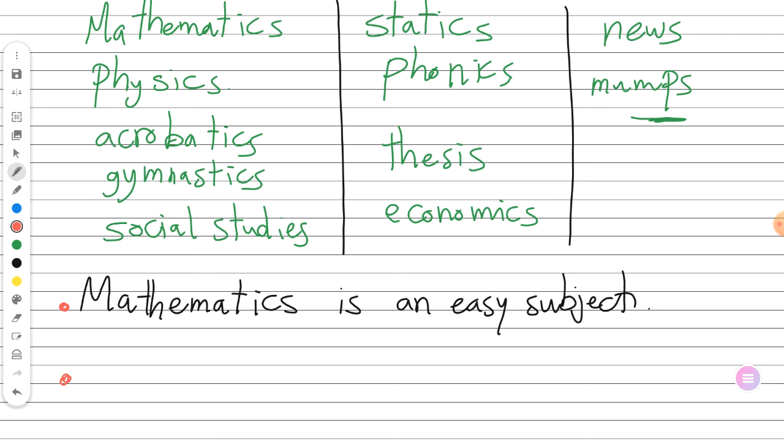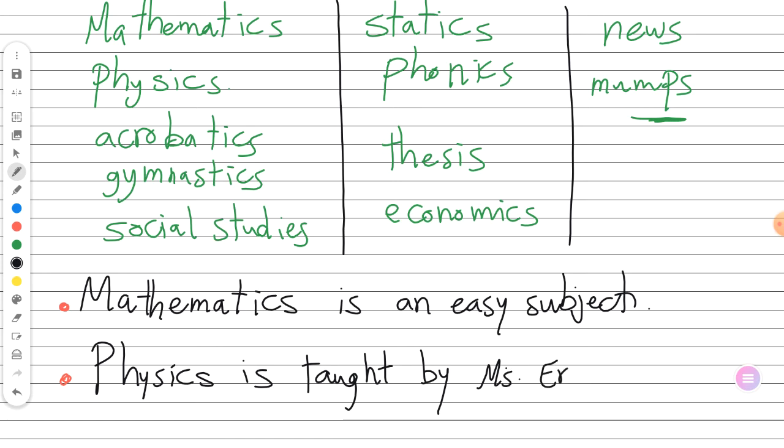Or physics is taught by Miss Erin. So here, although mathematics and physics informally seem plural, we deal with them as singular. That's why they take a singular verb.